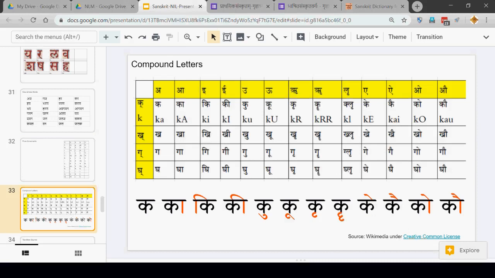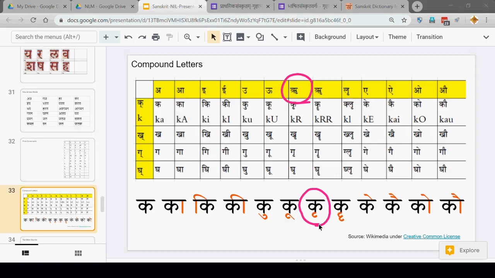Then another ru. As a vowel it is written like this. We have seen that ru. But when added to a consonant, it is written like this. Cru. So this is again simple.